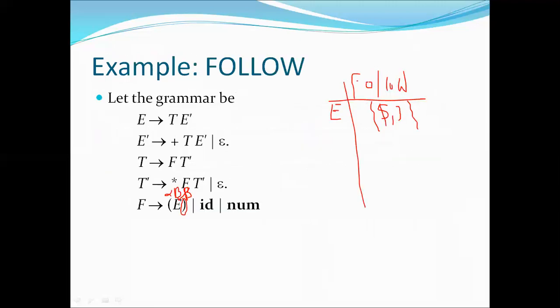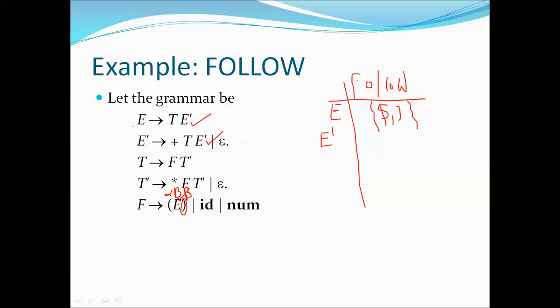Now for E dash, how can we calculate the follow? Just check where E dash is available on the right hand side. It is available here, and also here, in two productions. First we will calculate for the first production.